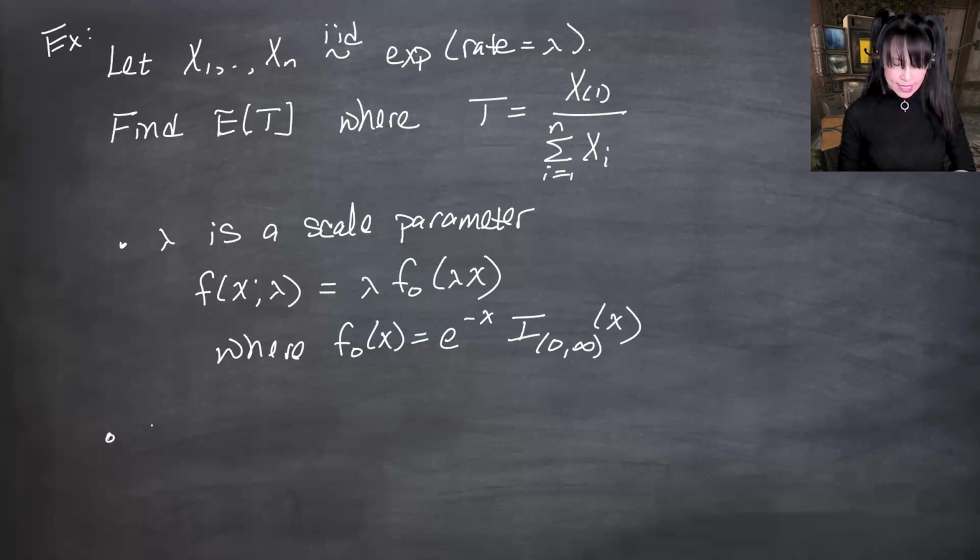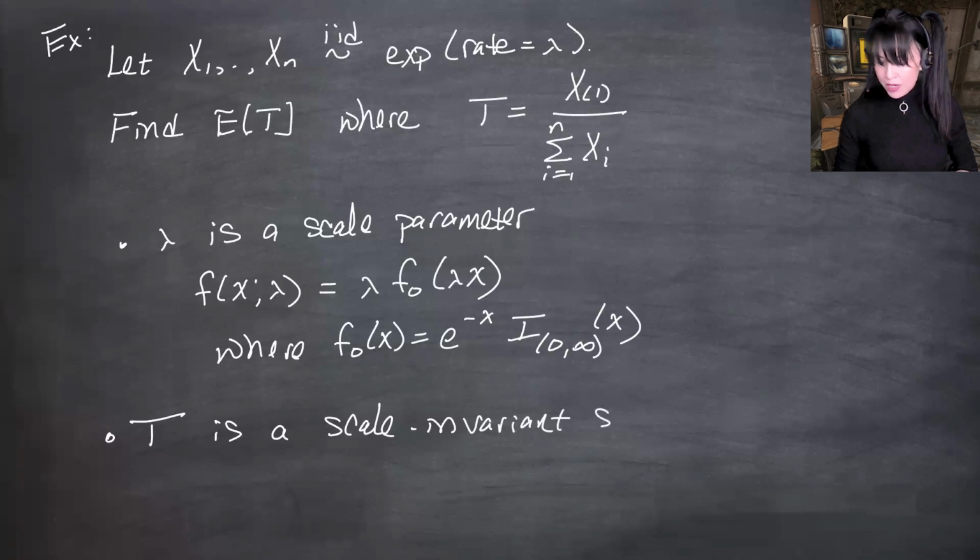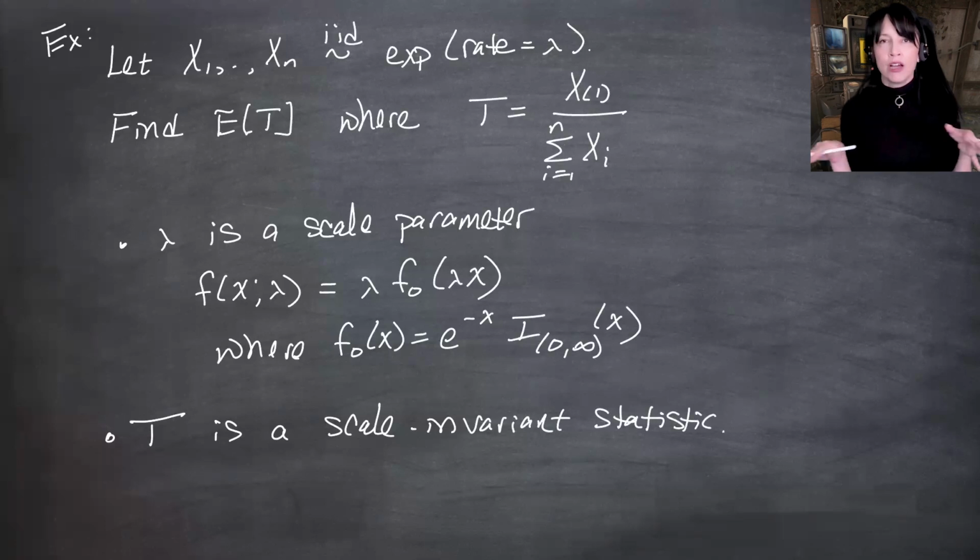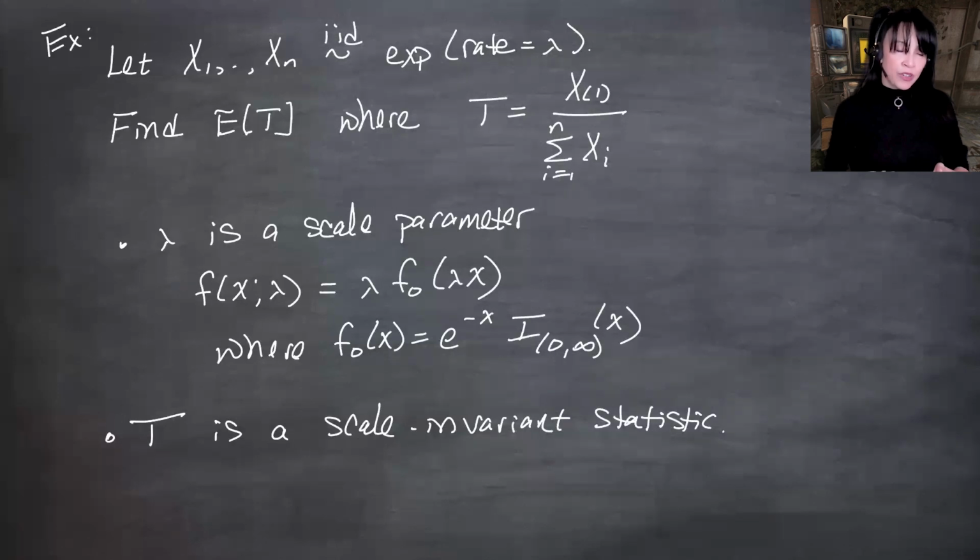And then t is a scale invariant statistic. Recall that a scale invariant statistic is if you take all your data points, your capital X1 through capital Xn, and multiply by a positive constant c and form the statistic, you'll get the same thing that you would have gotten if you didn't multiply by c.